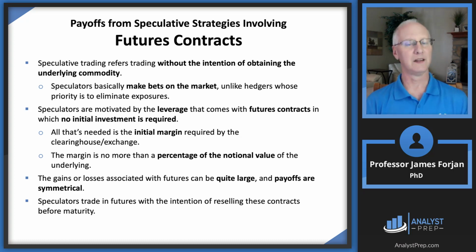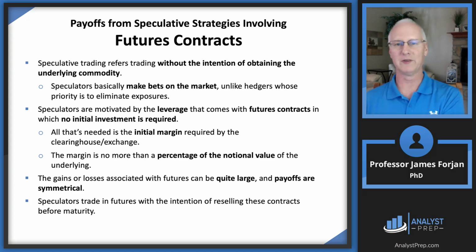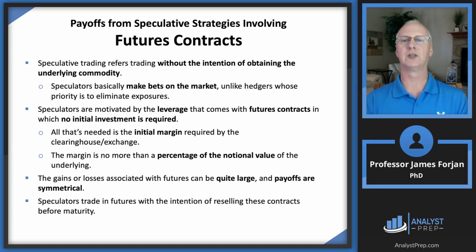But that doesn't mean that you have to have an underlying position in that secondary spot market to be able to go over to the derivative market and bet. And this is what speculators are doing. They're making bets on the market. So what are hedgers trying to do? Hedgers are trying to reduce their exposure to commodity price risk or market risk or some kind of risk.